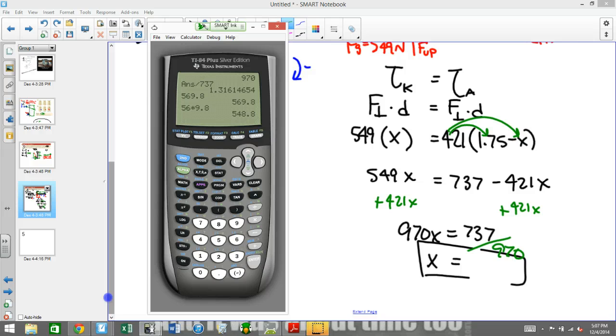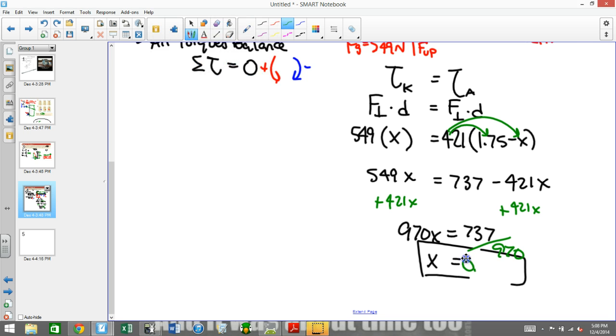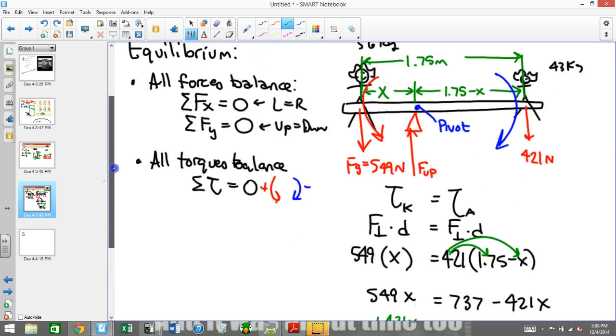I took 970 divided by 737. I should be taking 737 divided by 970, and that makes sense. So 0.76, 0.760. And that makes more sense, that it should be closer.